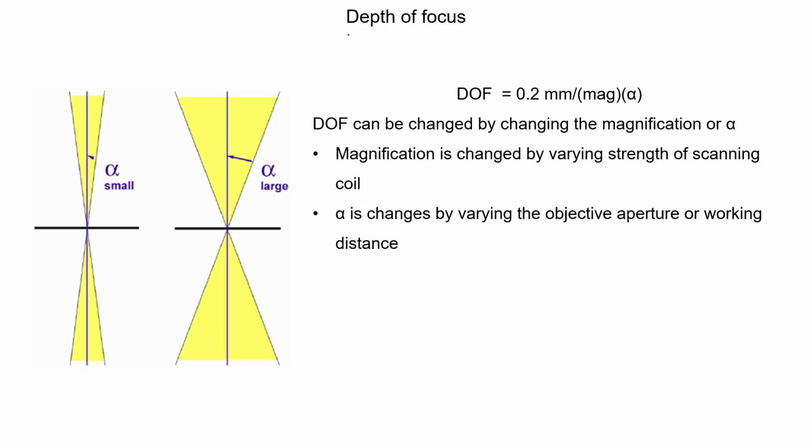Then we will discuss the depth of focus. I guess we have discussed depth of focus multiple times in optical microscopy as well as in the last class of the SEM, and most of this was covered in the last lecture.